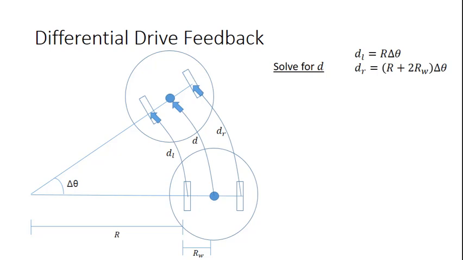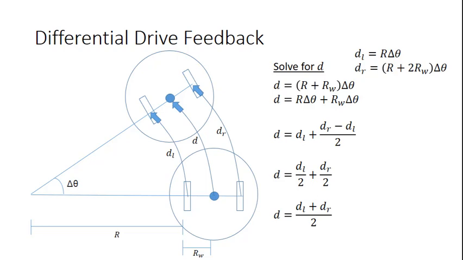So now we need to solve for d. I list these equations up here again just for reference. And the equation that we have for d, in theory, we know that d should be equal to the circular arc equation, so r plus RW times delta theta. So we can distribute out this delta theta. We can rearrange the dr formula to get dr minus dl over 2.